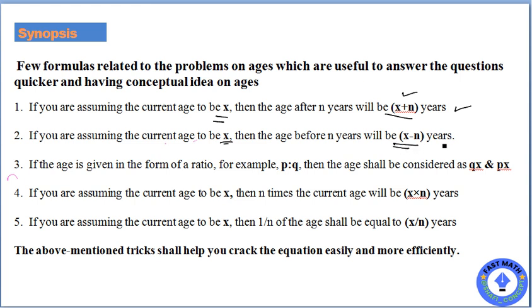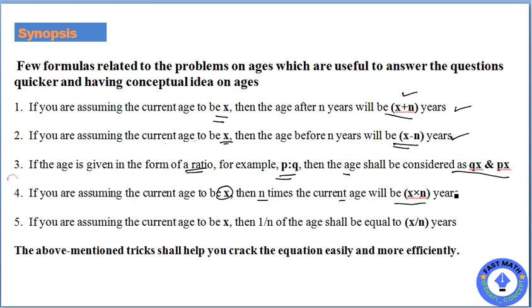If you assume the current age to be x, then the age n years before will be x minus n years. If the ages are given in the form of a ratio in the problem itself, for example p is to q, then the ages shall be considered as px and qx, as you have seen in such problems. If you assume the current age to be x, then n times the current age will be x into n.